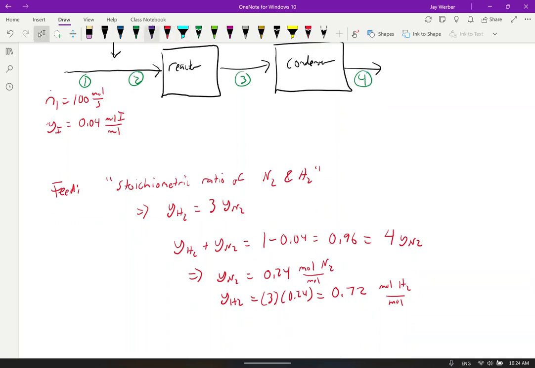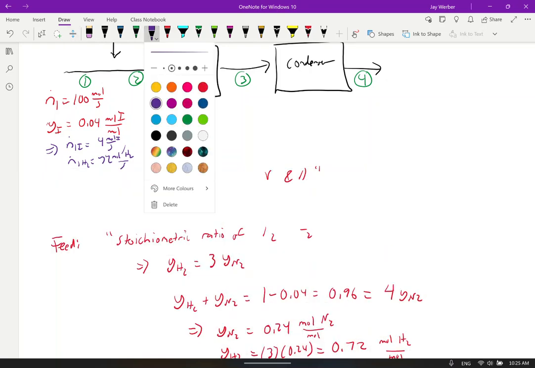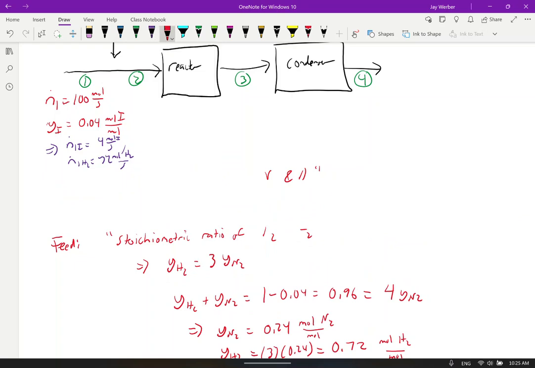Because we have a basis that is 100 moles per second though, we can just have that N1I is equal to 4 moles of I per second, N1H2 is equal to 72 moles per second, and N1N2 is equal to 24 moles of N2 per second.